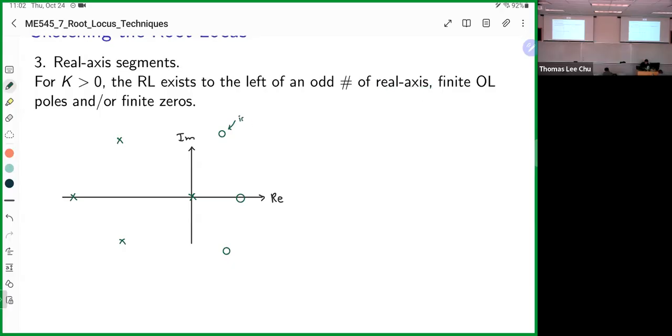I'll explain why. What we're going to do is see, does the root locus exist here, or here, or here? We don't care how it looks here or there. We only care about segments on the real axis.